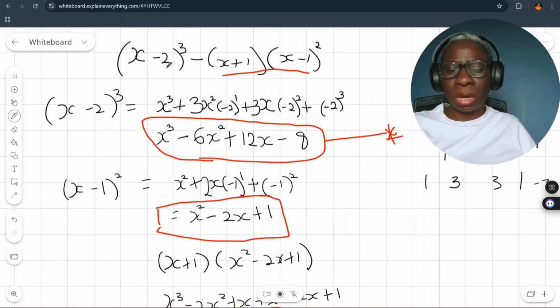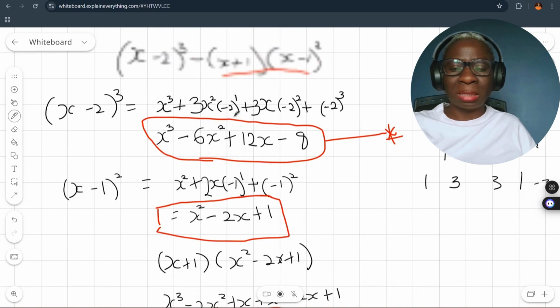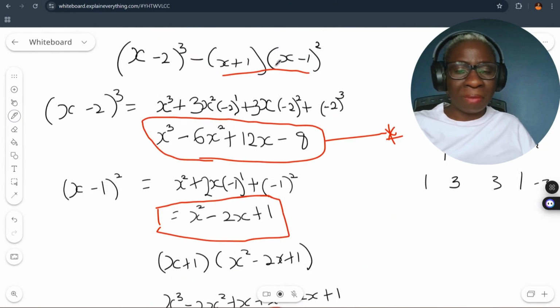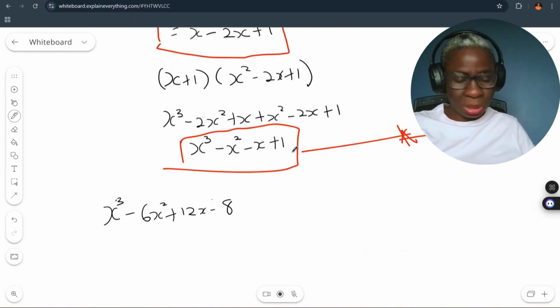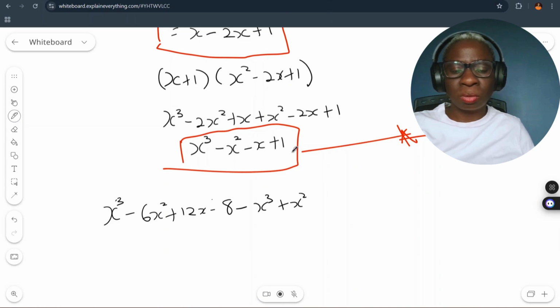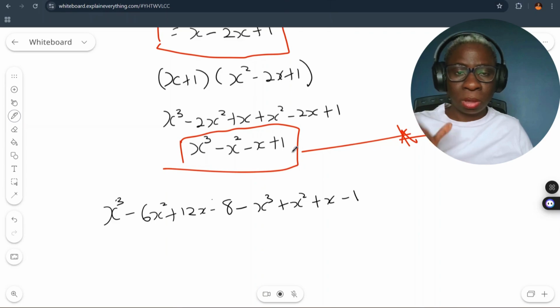This is for this. Then we have to subtract it from this. That means we'll be multiplying everything we get here by negative. So this will now be minus x cubed. This will become plus x squared, and this will become plus x, and this will become minus 1. So now x cubed minus x cubed has cancelled out.